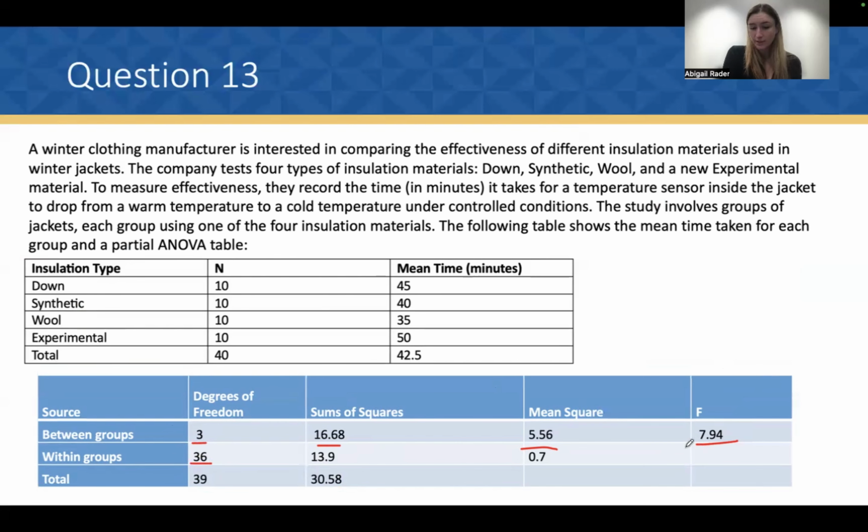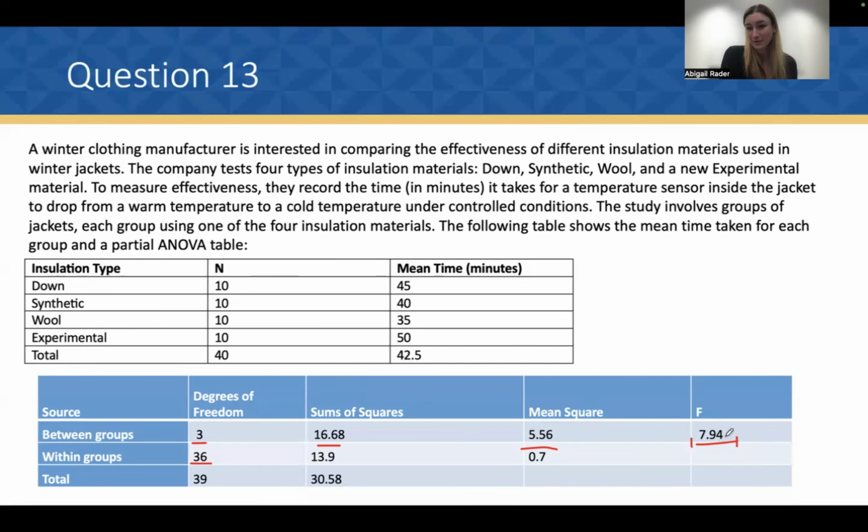If we're running a hypothesis test, we would want to write out what our null and alternative are, and we want to test assumptions. Here, we weren't technically asked to do that, but if we were asked to run a full hypothesis test, we would. But it asks us if we should proceed with pairwise testing. I don't have it written out here, but that's true in the practice test. In order to do that, we have to figure out if this is a significant F value.